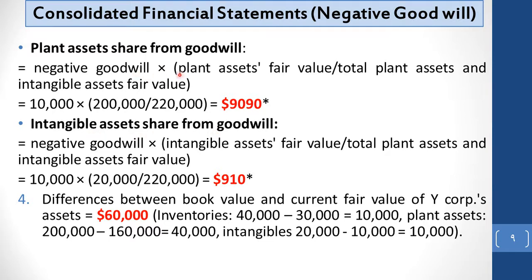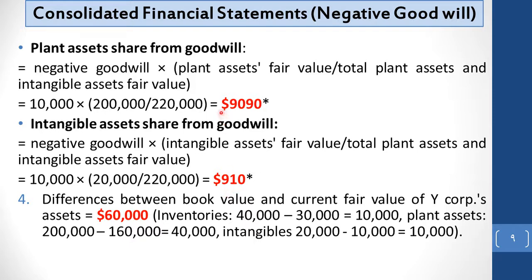Then it's turn to calculate the intangible assets share from the negative goodwill. I'm going to do the same, but we're going to multiply the negative goodwill by the intangible assets fair value divided by the total plant assets and intangible assets. So 10,000 multiplied by 20,000 divided by 220, the same total, equals $910.